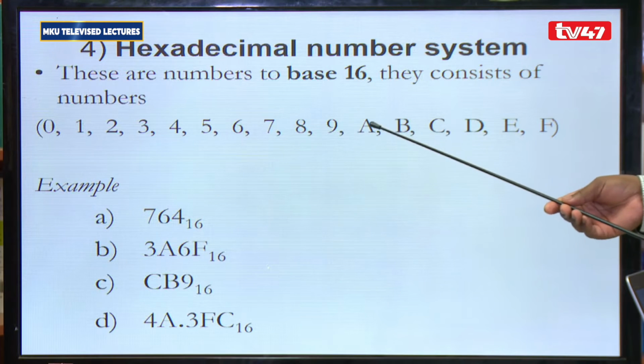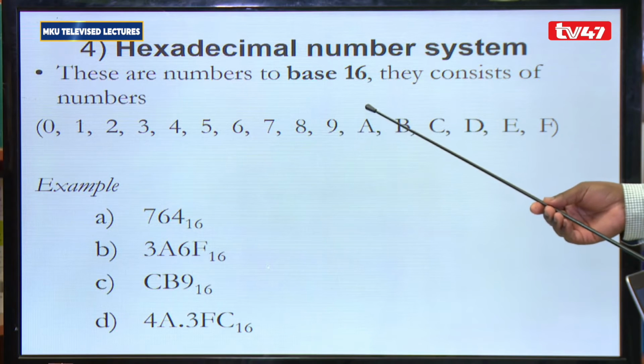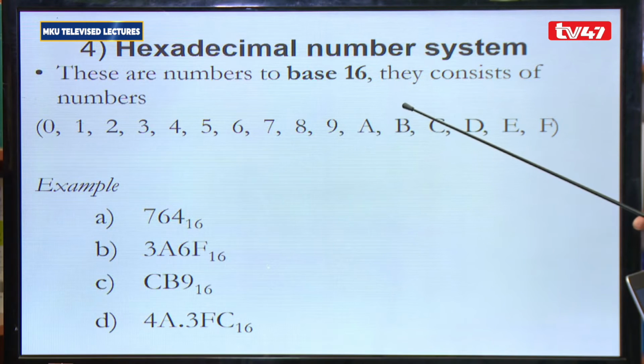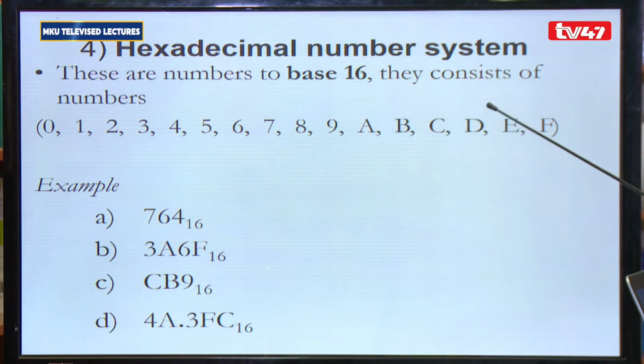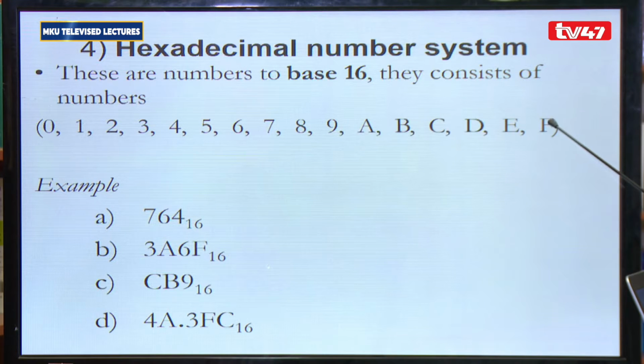So we use the letters A to represent 10, B to represent 11, and so on up to 15, for a total of 16 numbers.